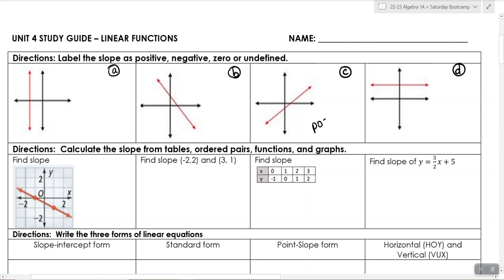Exactly, it would be C. Which one would you classify as negative slope? Okay, thank you. Which one would you classify as zero slope? D as in David. The flat horizontal lines have a zero slope. And then this one would be undefined.